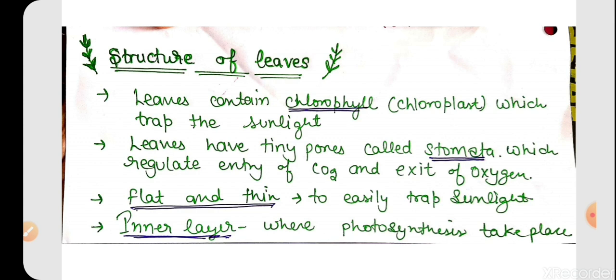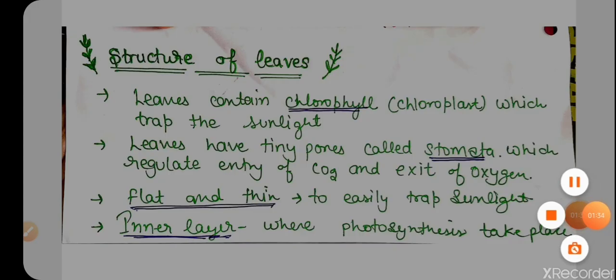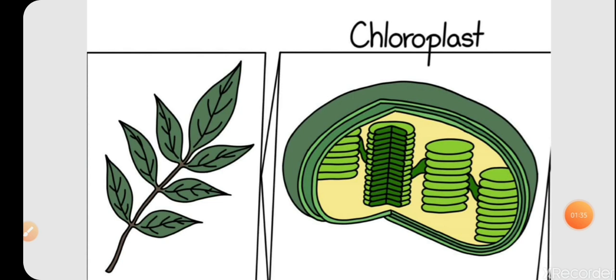They are green in color because of the presence of a green colored pigment known as chlorophyll, which is present in the chloroplast. Let me show you the chloroplast. These are the chloroplasts in which the chlorophyll is stored in the leaves.